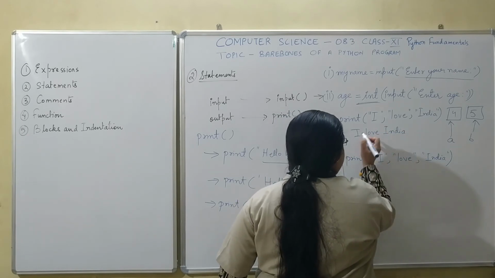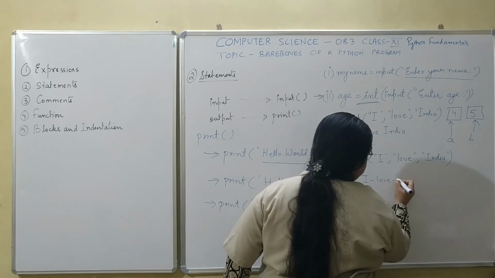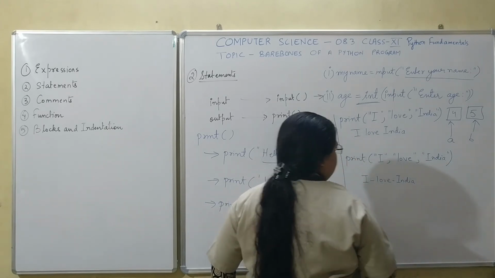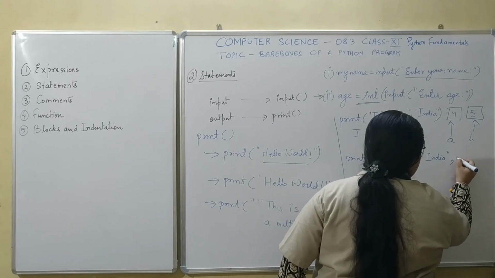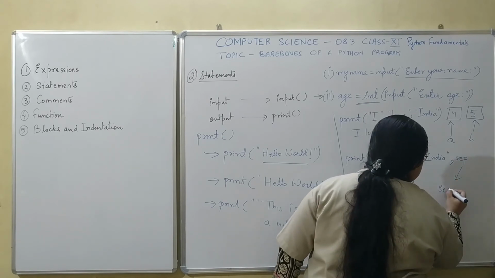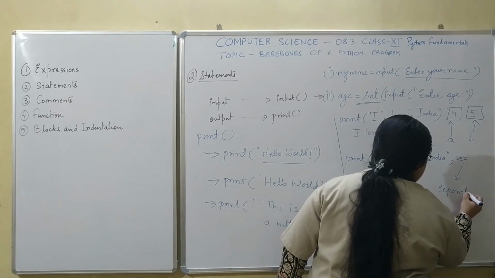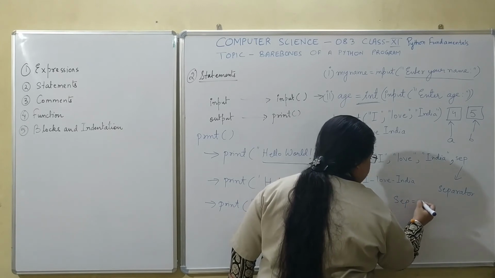Suppose I want a dash in between. I want the output to be something like this, with a dash in between. So for that I will have to use an argument over here known as sep, which stands for separator. By default the default value for separator is space.